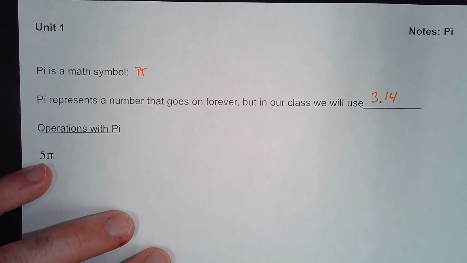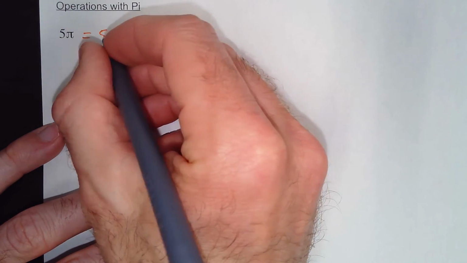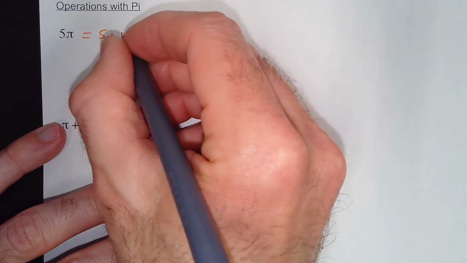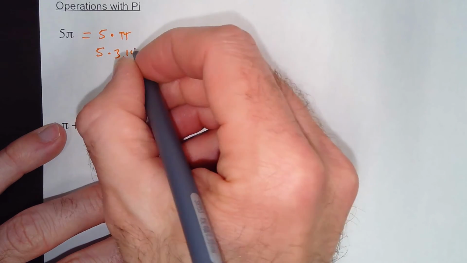So we're going to talk about how we do operations with pi. You might see expressions that look like this. Let's remind ourselves, what does it mean when a number is touching a variable? It means multiplication. We can think of pi the same way as a variable. This would be like 5 times x if it was an x. Well, this means 5 times pi, or 5 times 3.14.